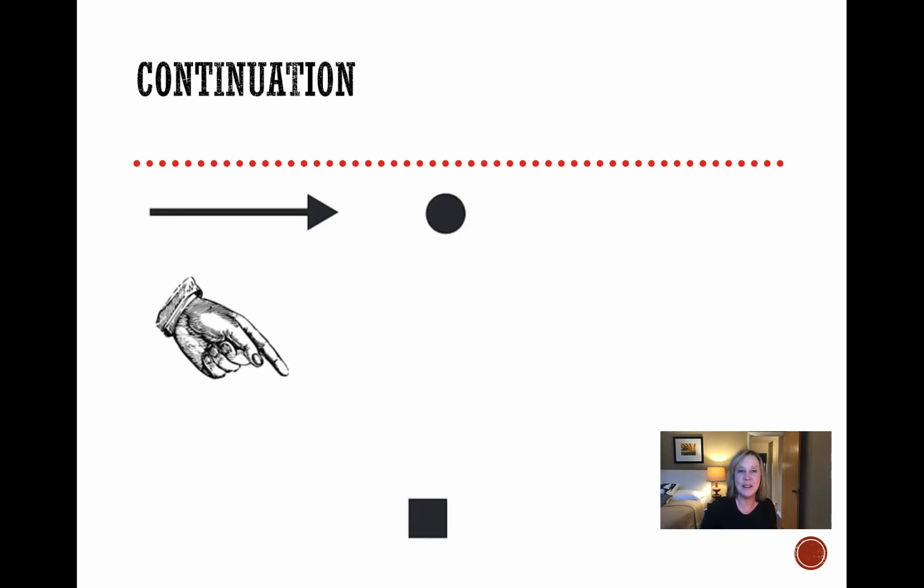See? Where does your eye go? From the arrow to the dot, and from the pointing finger to the square, even though there's a really big gap between them. So if you create a headline across the top of a page, the viewer's eye is going to follow that headline.